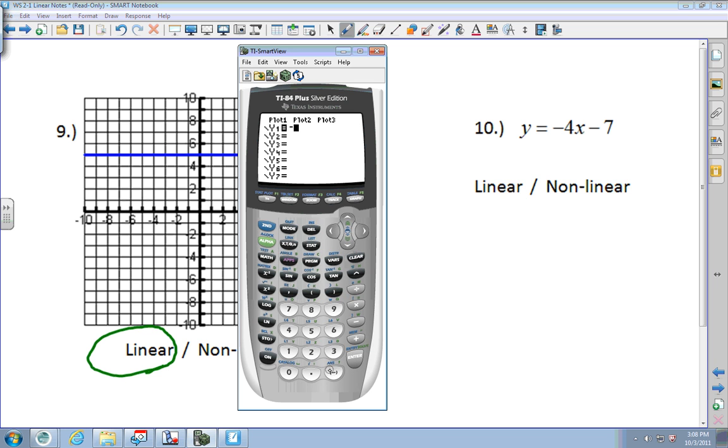Let's put in there negative 4x minus 7. Press graph. It makes a straight line. Whoa, why do I keep almost circling the wrong thing here? This is linear.